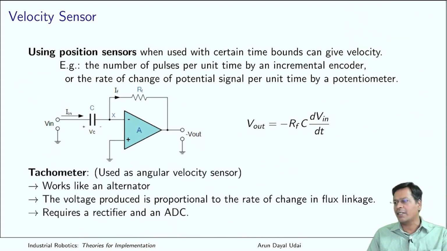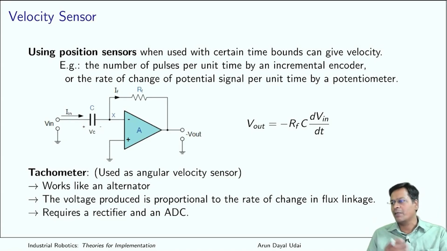Moving ahead, a tachometer can be used as an angular velocity sensor also. What is a tachometer? It is nothing but a simple alternator. The voltage output from an alternator is proportional to the shaft speed. If you increase the speed, your voltage will come up. So that also can be used.